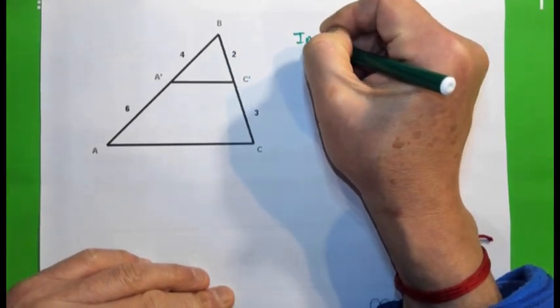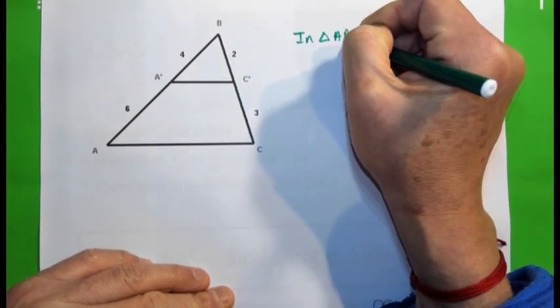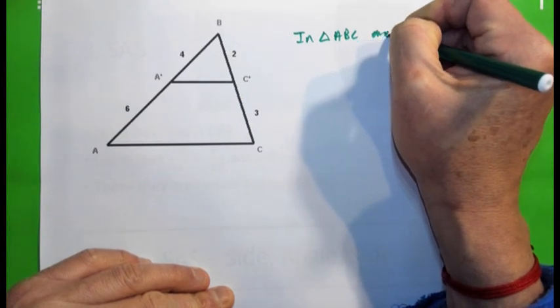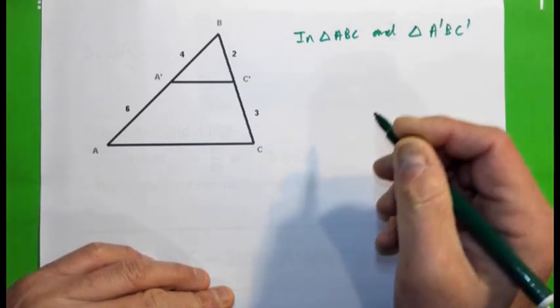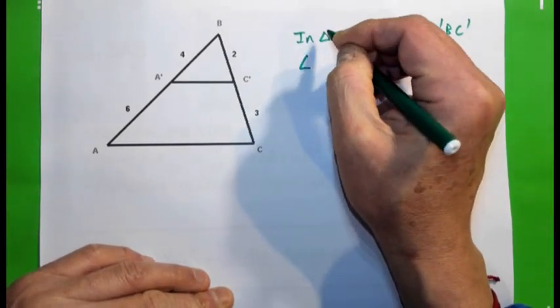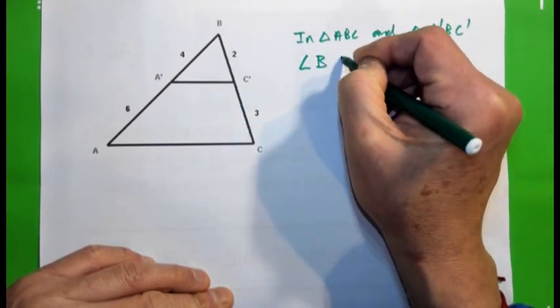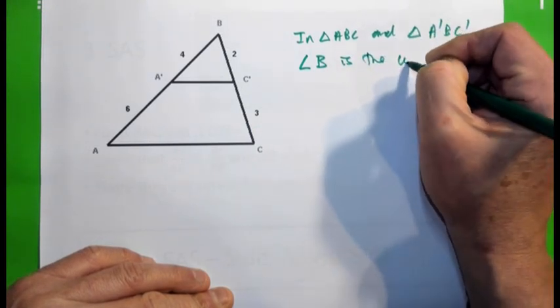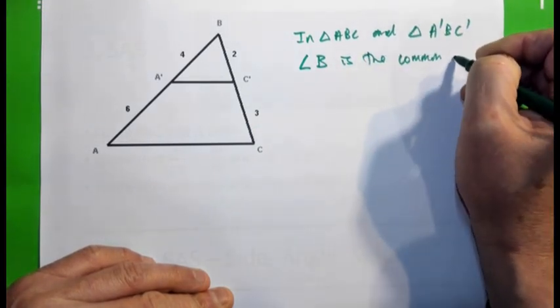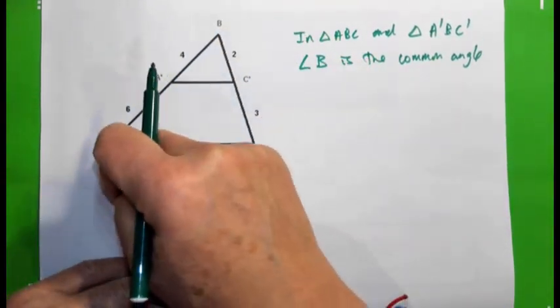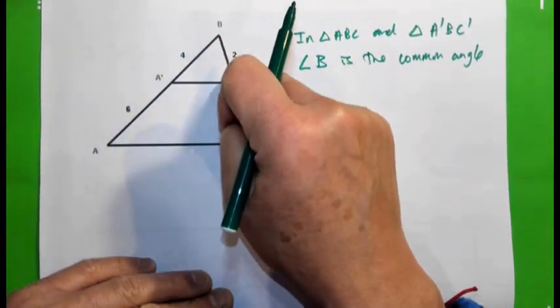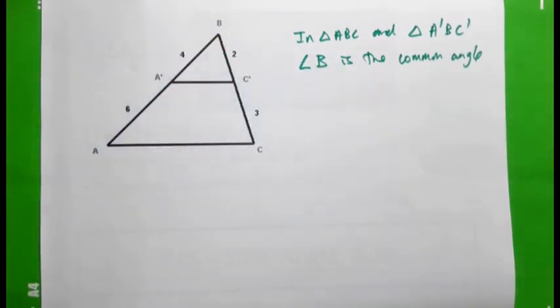In triangle ABC and triangle A dash, B, C dash, angle B is the common angle. So you know that angle B is here, angle B is here. That's a common angle. Let's look for the ratio.